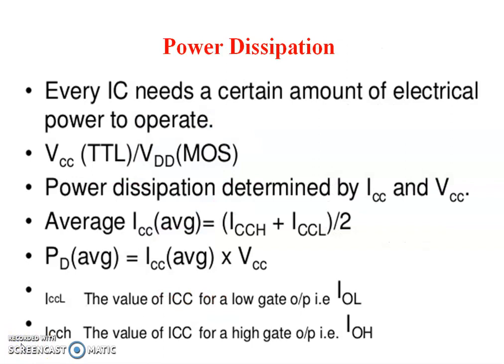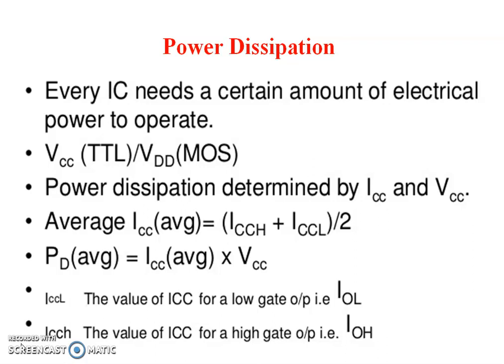Now, the next characteristic is power dissipation. The power dissipation is the power supplied that is required to operate the gate, and it is expressed in milliwatts. It represents the actual power dissipated in the gate.